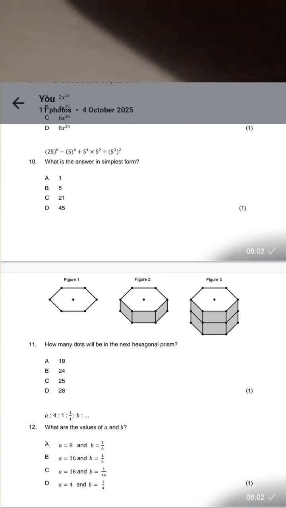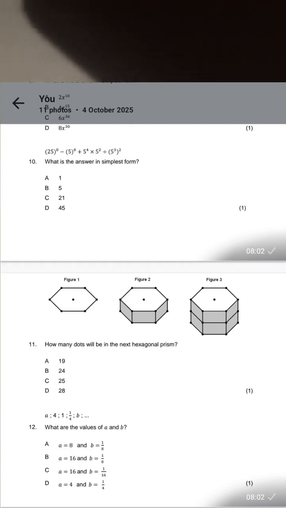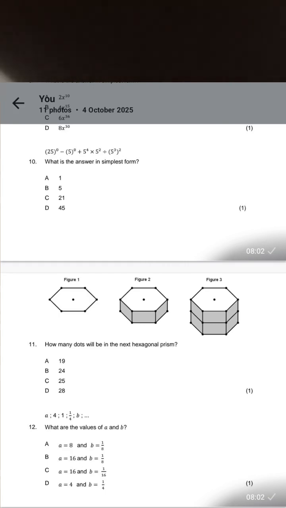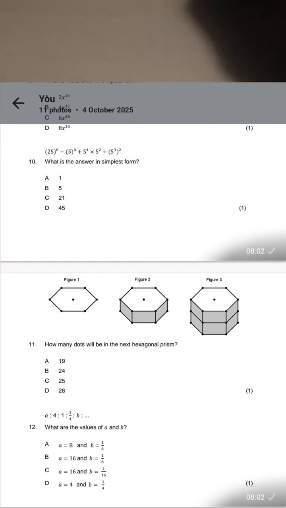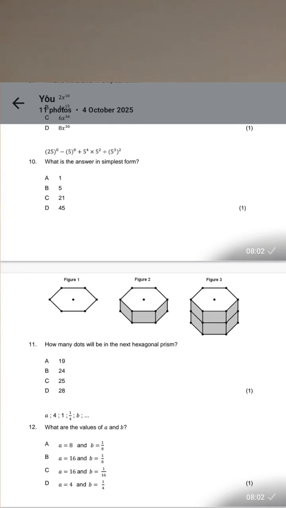Okay, so hopefully we can see all of that on our paper. All right, and as it says, what is the answer in simplest form? Question 10, and they have given us options there. A is 1, B is 5, C is 21, and then D is 45.